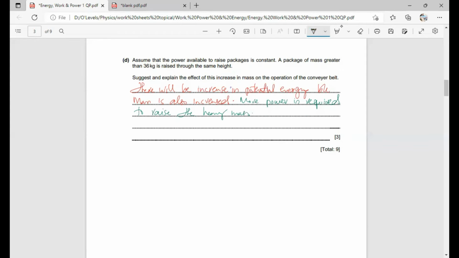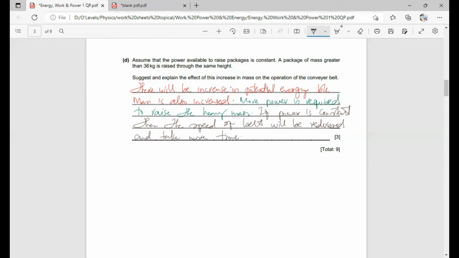And the third point you may take: if power is constant, as mentioned in the question, then the speed of the belt will be reduced and take more time.